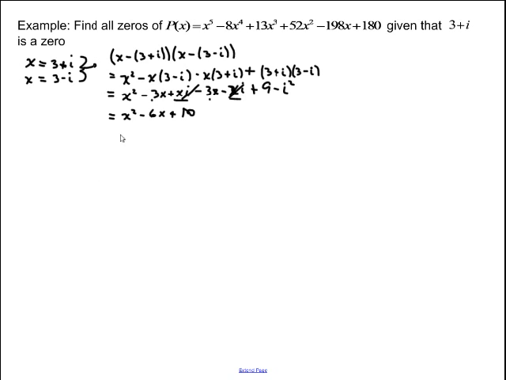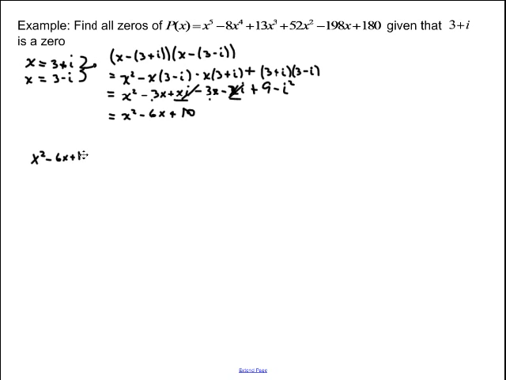So what do I do with this? Well, this means that x squared minus 6x plus 10 must be a factor of p of x, and so I should divide x squared minus 6x plus 10 into my polynomial p of x here.